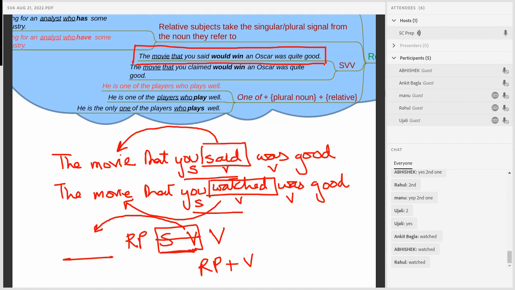It is part of the description. So the that plus SV is the relative clause you're looking at. But if the verb doesn't work, then mentally you remove it and you move on to the next verb. The next verb will be part of the description that the that introduces. Quick check. I understand I may not have put it across very clearly, so please feel free to unmute yourself and ask your doubts.